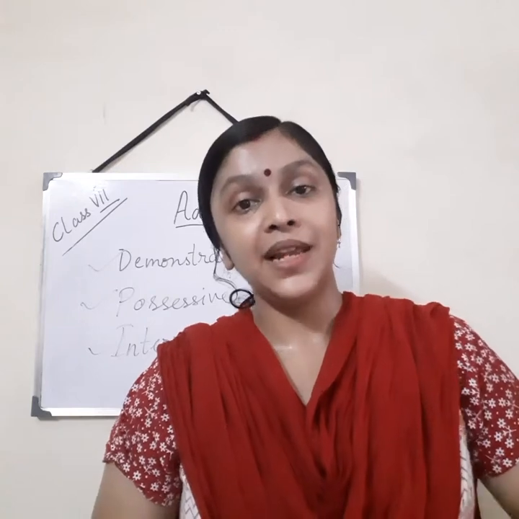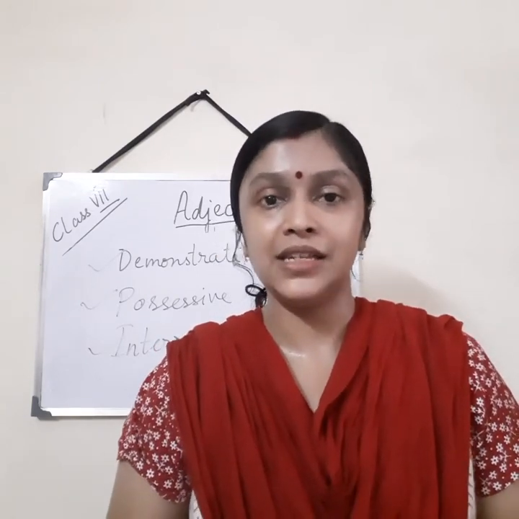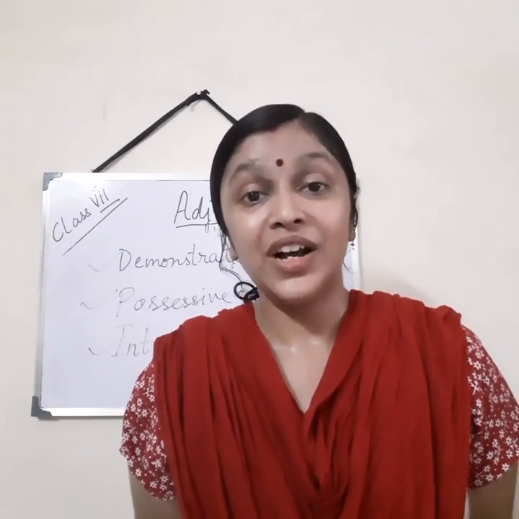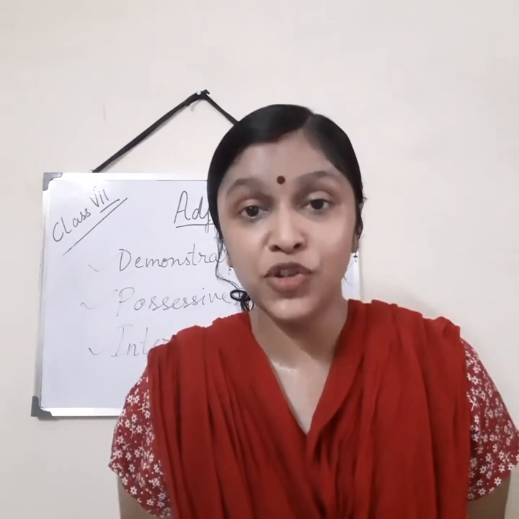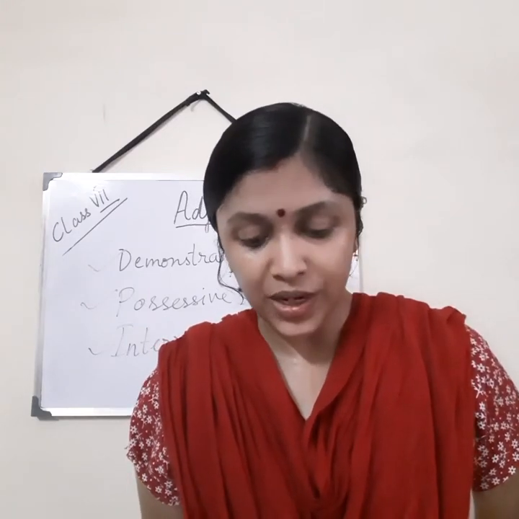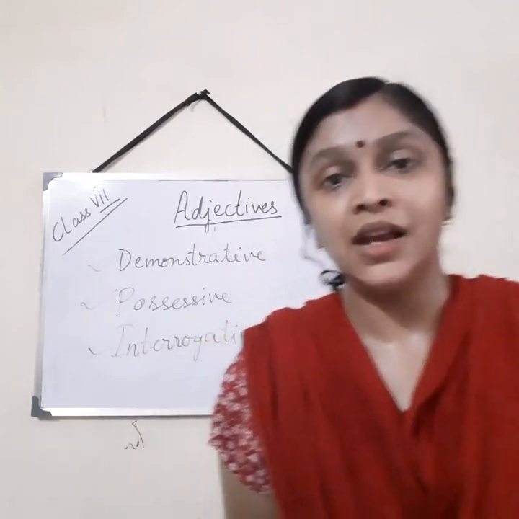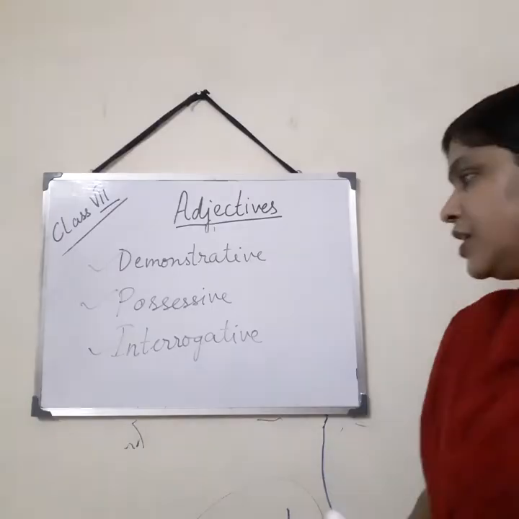Okay, and if it is placed before the verb or some other place, then it's a demonstrative pronoun. Normally before the verb it is placed. Okay, so demonstrative adjectives are placed in front of the noun to demonstrate something. So what are the four demonstrative adjectives? This, that, these, those.